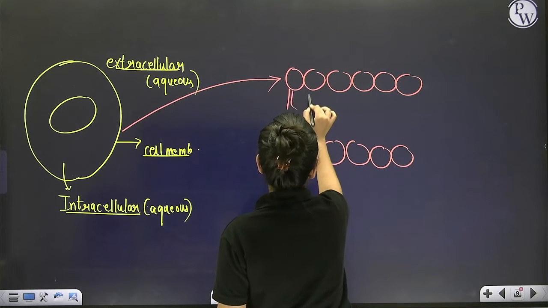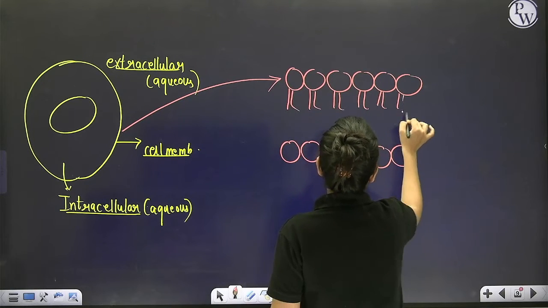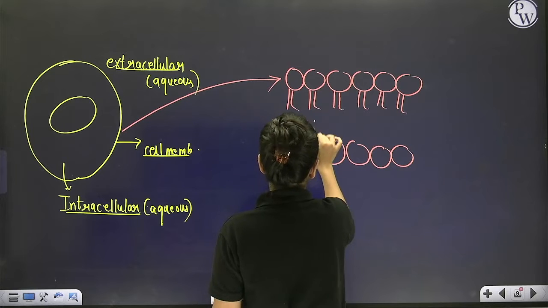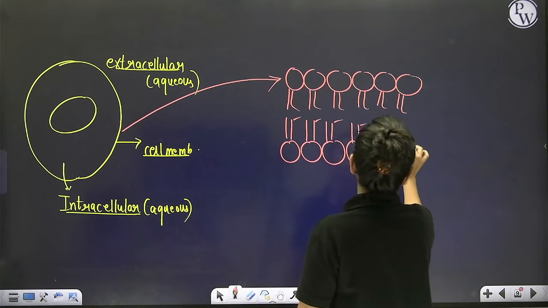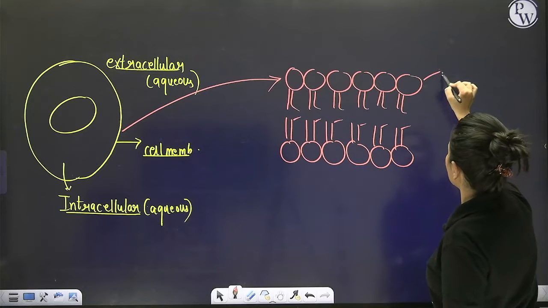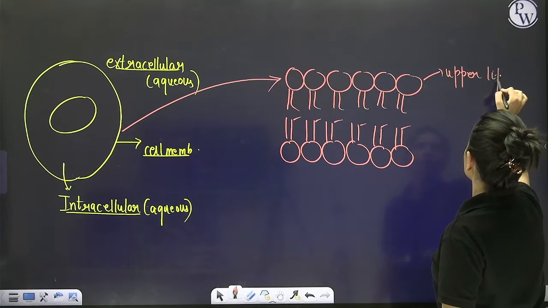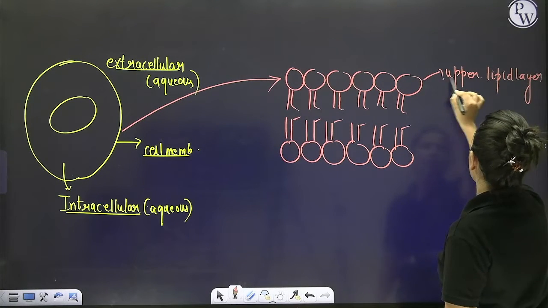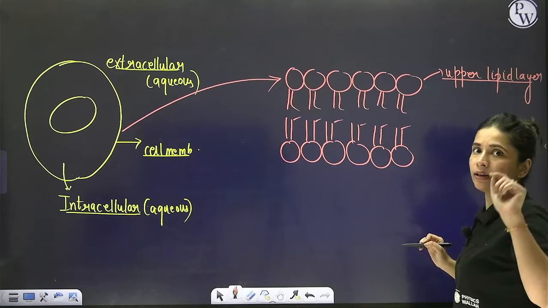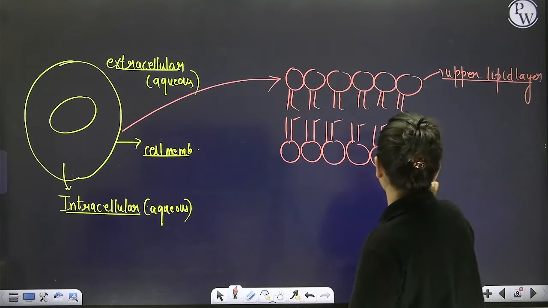This is the upper phospholipid layer. So the membrane is not single layered. Rather, it is present in the form of two lipid layers.